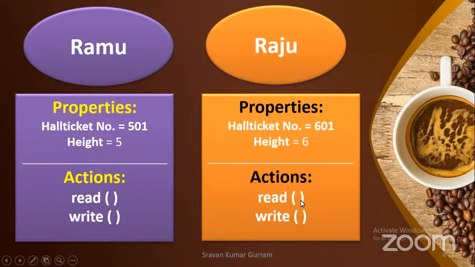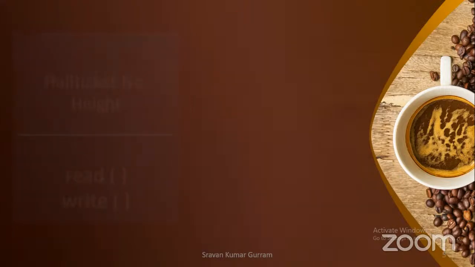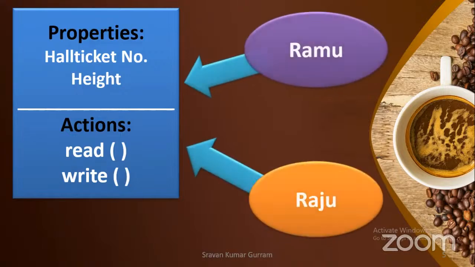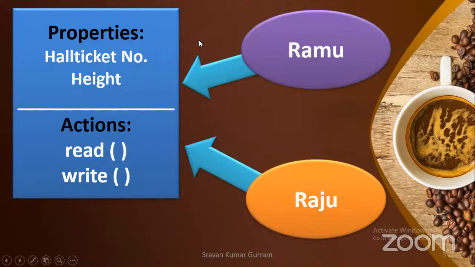And actions, read operation and write operation can be done. So the point we need to observe is we can find some common properties and common actions between these two people, Ramu and Raju. The common properties they have are hall ticket number and height, and the actions are read and write.